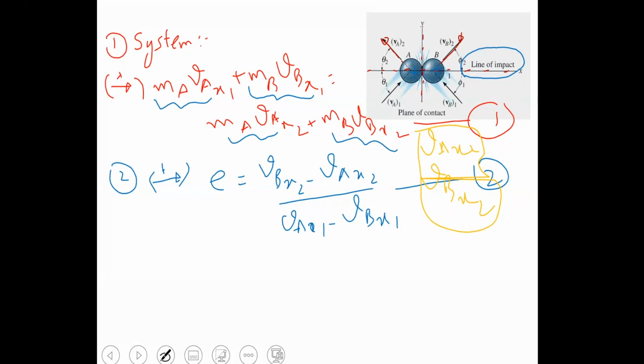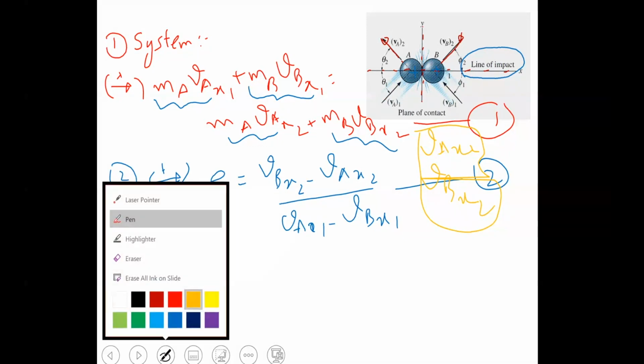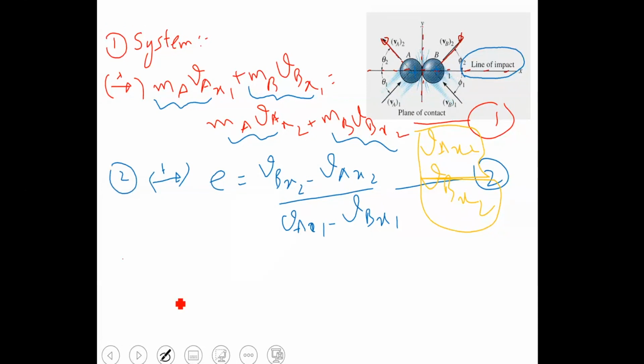Yes, sir. Okay, now moving on to the third step for problems involving oblique impact. In step number 3, instead of applying the momentum impulse method on the system, we are going to first of all consider particle A. Can you tell me, is there any external impulse acting on particle A along the plane of contact?